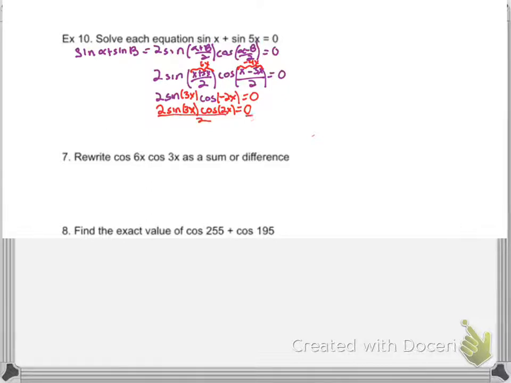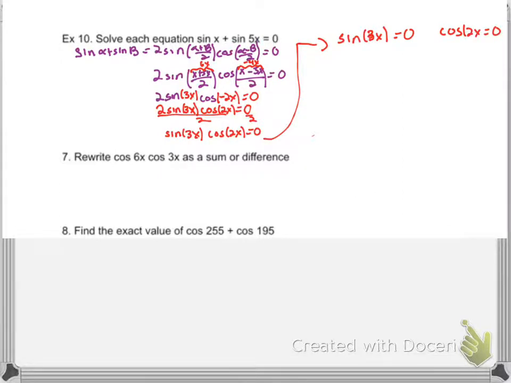I'm going to divide by 2 to begin with. I have sine of 3x cosine of 2x equals 0. I can break these apart now. We see you have sine of 3x equals 0. You have cosine of 2x equals 0.